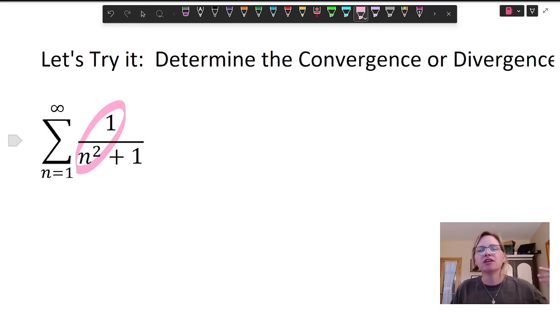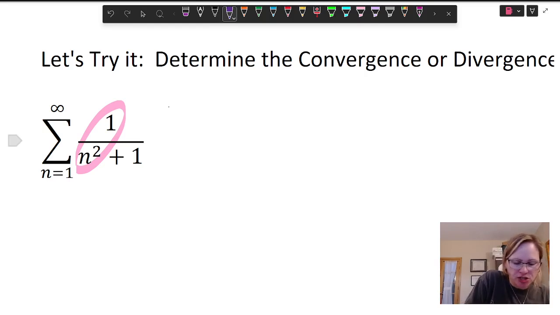Remember, that's the largest exponent on the top and the largest exponent on the bottom, the dominant parts of the function, the ratio of those two dominant functions. So I see that I have a p-series that's going to converge.